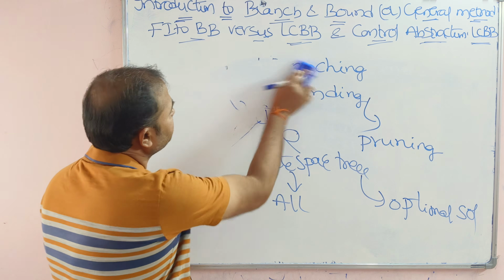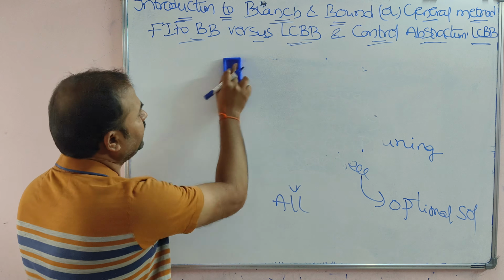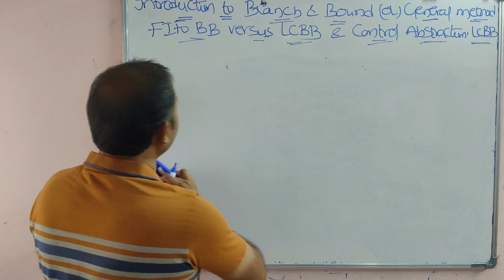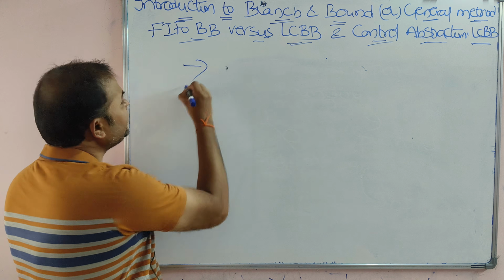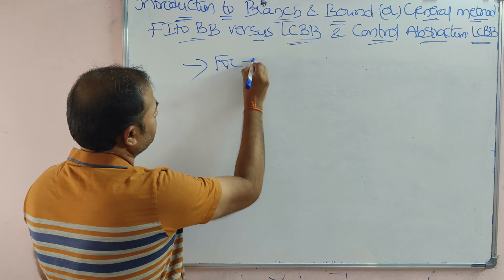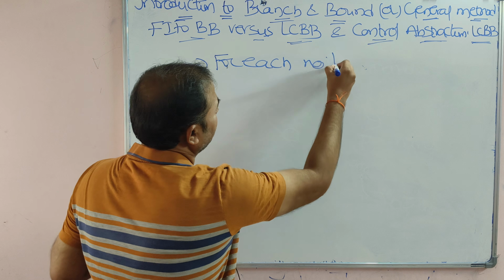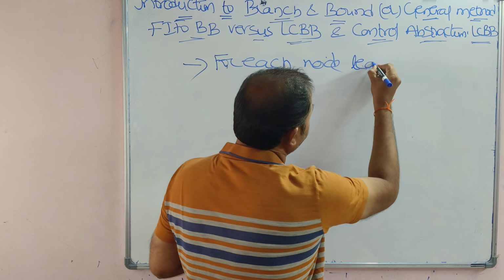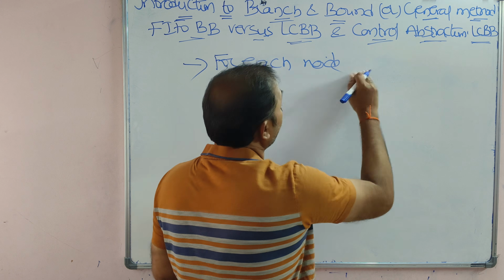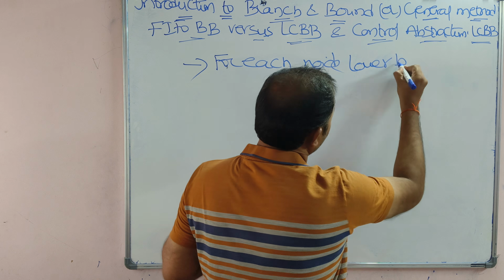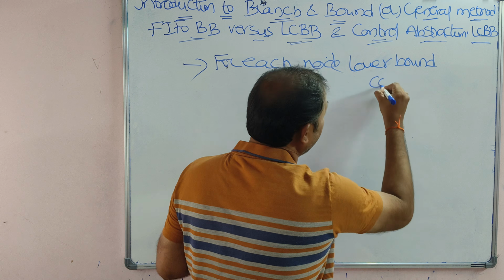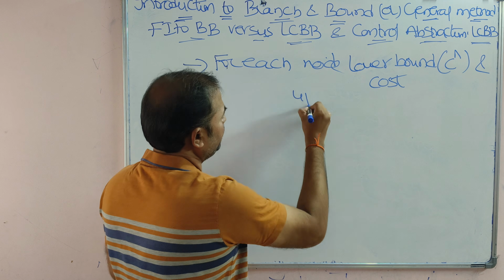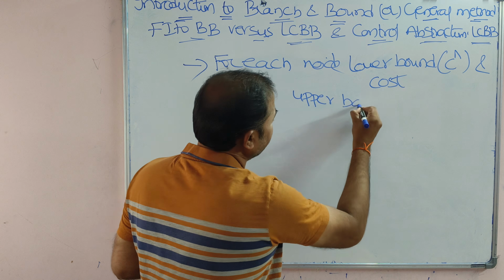Now let's see some important points regarding the branch and bound introduction. The state space tree is a collection of nodes. For each node we have to compute the lower bound, which means cost, denoted by C cap, as well as the upper bound, denoted by U cap.